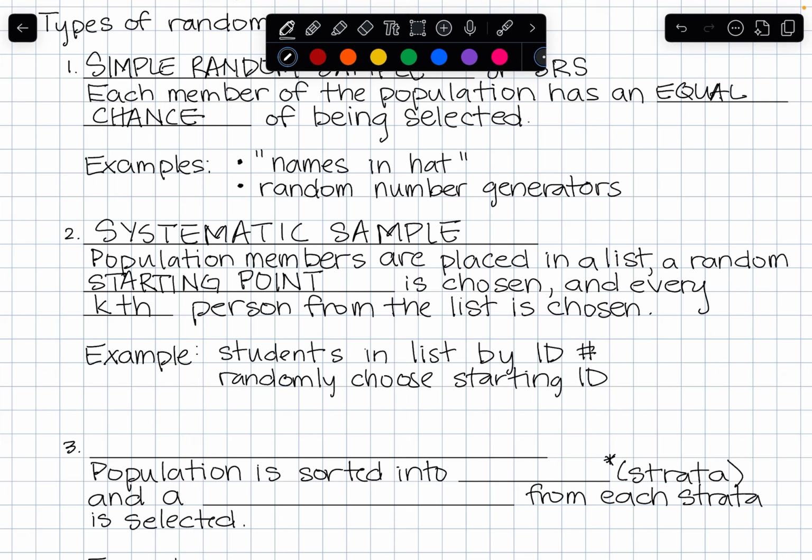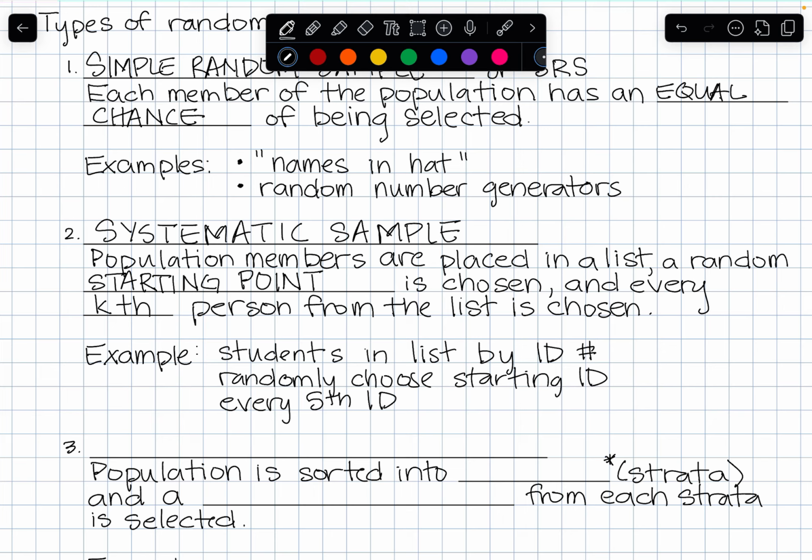So I would use a computer to help me pick that ID number that I'm going to start with in the list. And then I'm going to choose every fifth ID. And I would keep selecting every fifth ID until I have the number of people in my sample that I need. So let's say I needed 30 people for my sample.